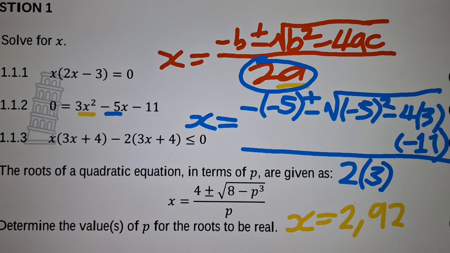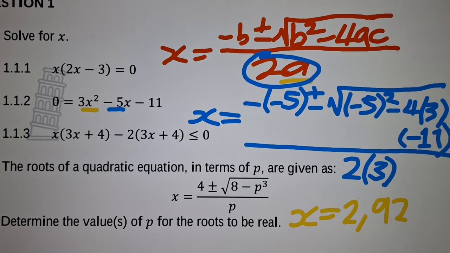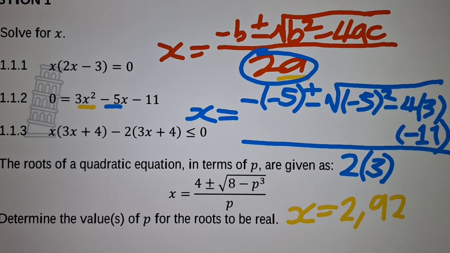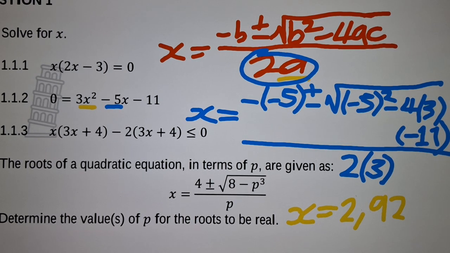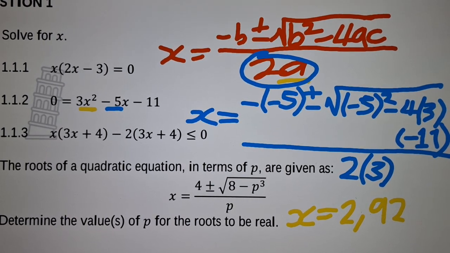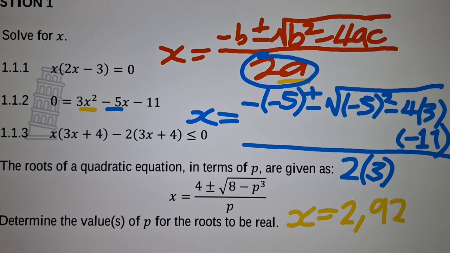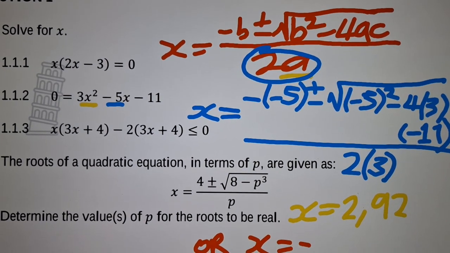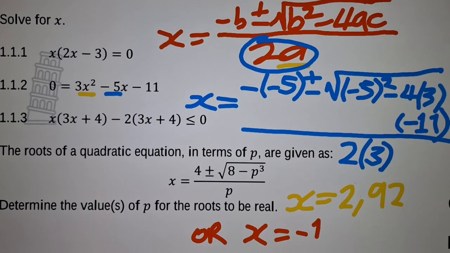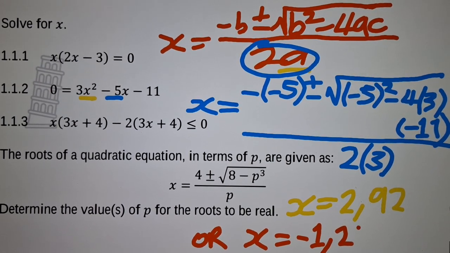Then when I substitute with the negative sign, let's see the other answer that I get. I'm going to get a negative, let me write the other answer: x is equal to negative 1,25.